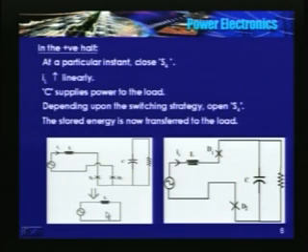And when I open the switch, this is point A and this is B. B is at the negative potential of the capacitor voltage, and D1 or point A is at the positive plate.